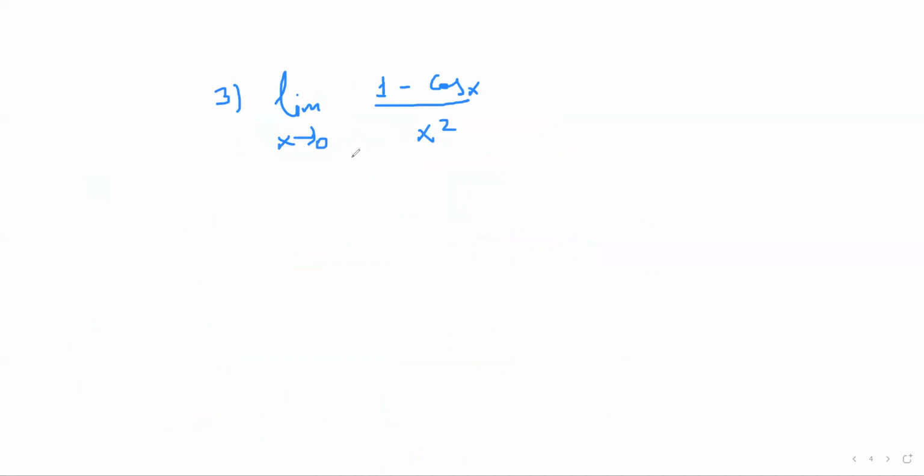The limit as x tends to 0 of 1 minus cosine x divided by x squared. Again, I would like to remind you of the first wonderful limit that we use here. Obviously, if trigonometry is involved, it's natural to think that we have this wonderful limit here.